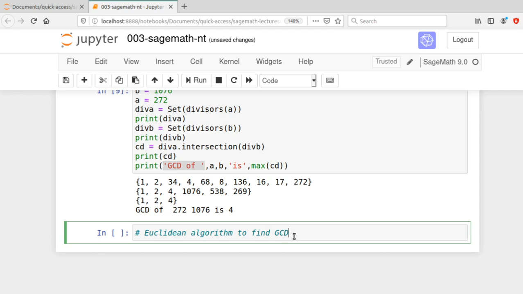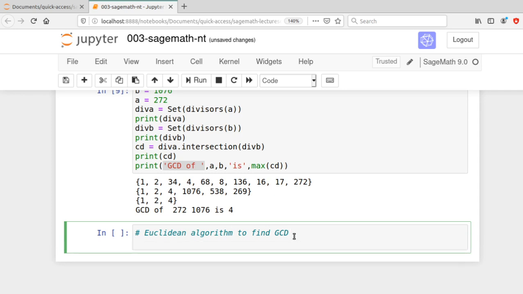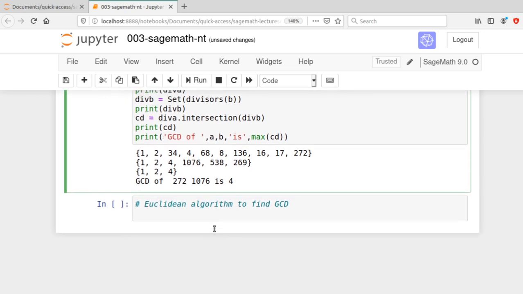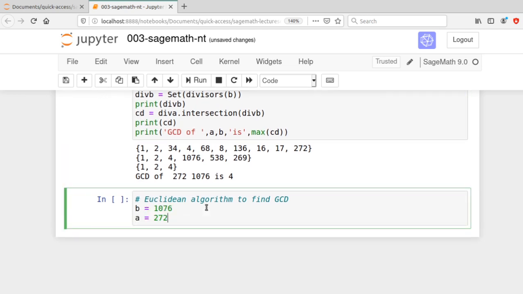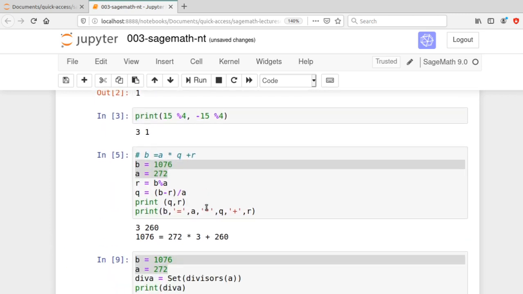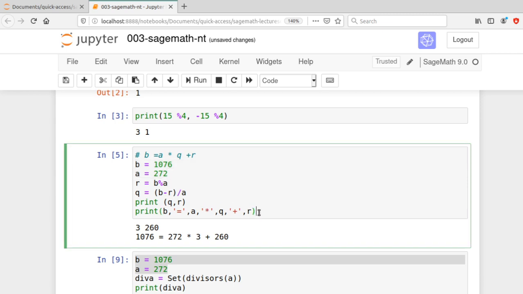To use the Euclidean algorithm for finding the GCD, we need to execute the division theorem in several steps. We need to perform division in several steps. Let's take the same A and B. Now we need to write the division theorem: we need to find R, we need to find Q, and write the division theorem statement.